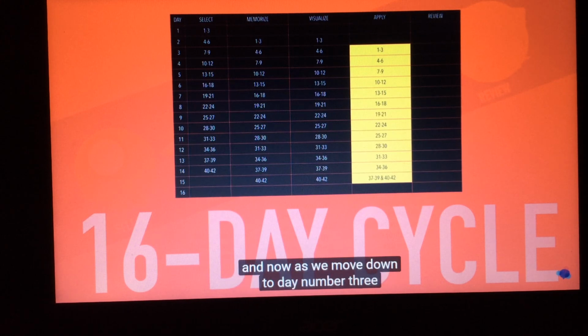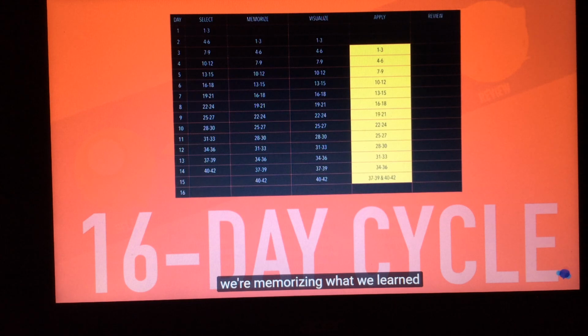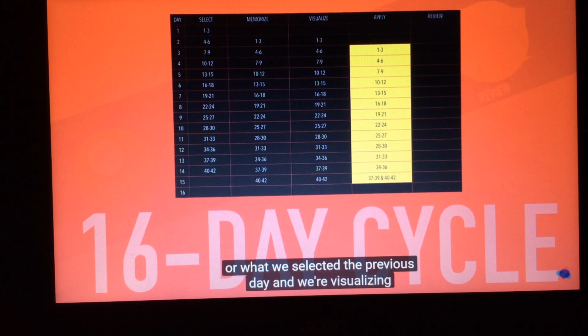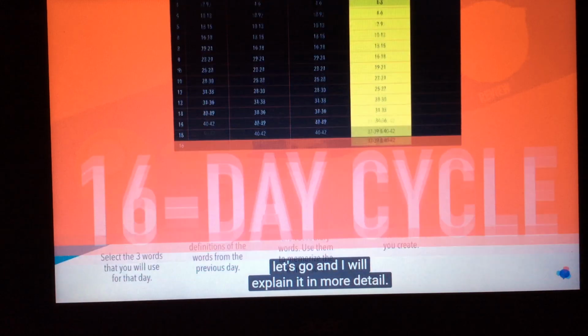And now, as we move down to day number 3, we're still selecting 3 words. We're memorizing what we selected the previous day, and we're visualizing. And now we're applying the first 3 words. Now, this applying I will explain in more detail.